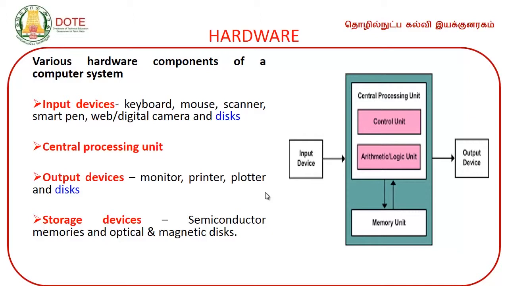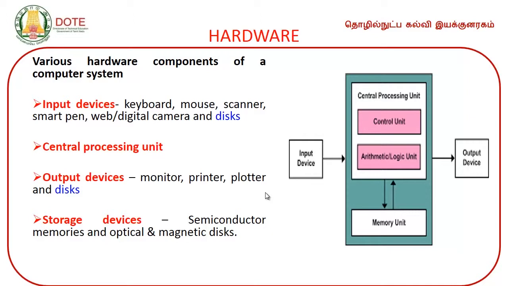In a computer there are certain devices used to give values into the system. They are called input devices, like keyboard, mouse, scanner, smart pen, web camera or digital camera and discs. Keyboard is the most useful input device for entering alphabets and text. Mouse is a pointing device.